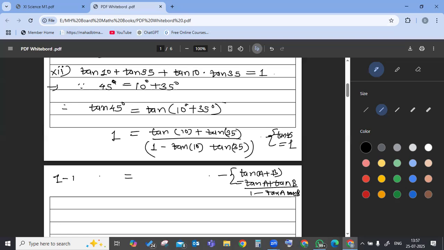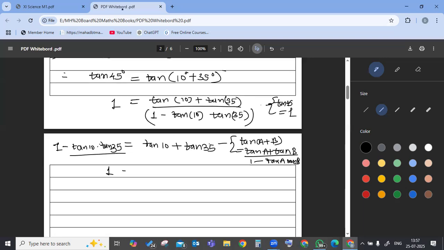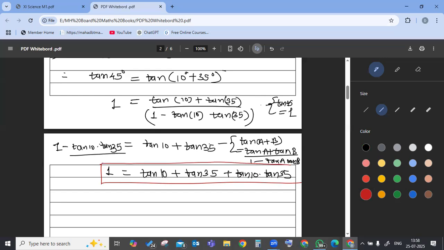So 1 minus tan 10 into tan 35 is equal to tan 10 plus tan 35. Now this has a negative sign, shift it towards the right side. We get 1 is equal to tan 10 plus tan 35 plus tan 10 into tan 35. Is it clear? Which is as per the requirement of the question.